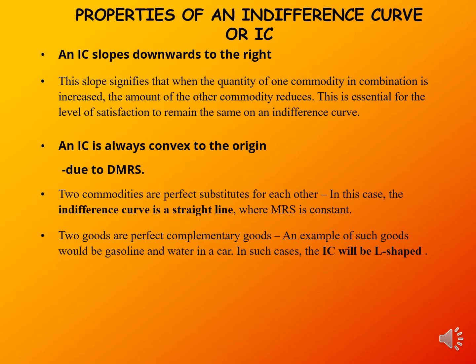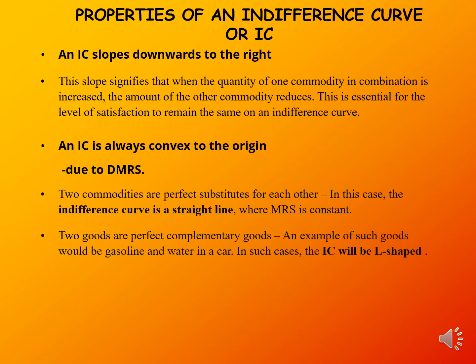There are certain properties of an indifference curve. The first one is that the indifference curve slopes downwards to the right, and it is convex to the origin. This is because of the diminishing marginal rate of substitution, which we have discussed just now.